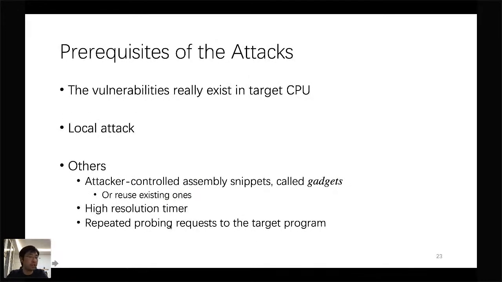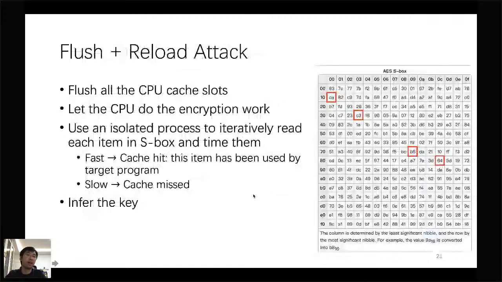Also, you can use the existing ones if there really are. Also, you need to have a high resolution timer. This is important for such flush and reload attacks and other attacks because you need a timer to tell you whether the cache hit or the cache miss happened.